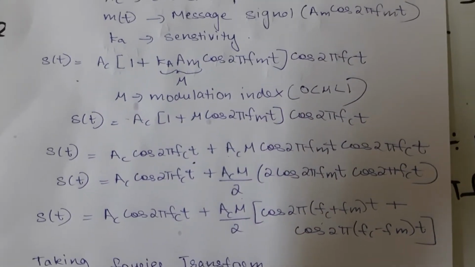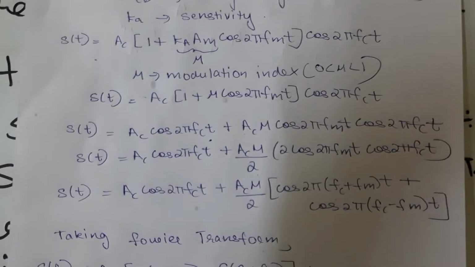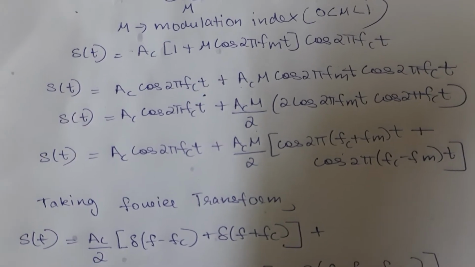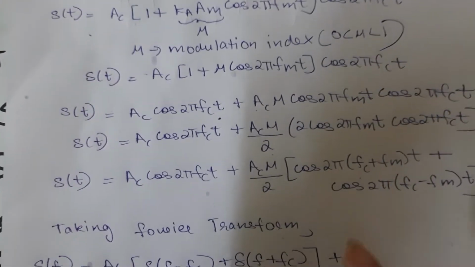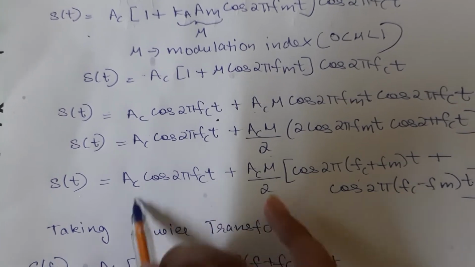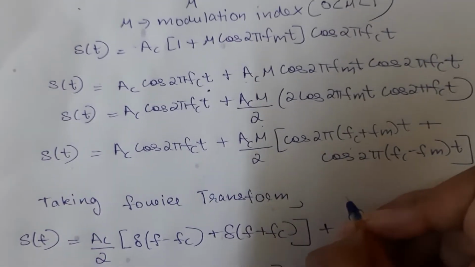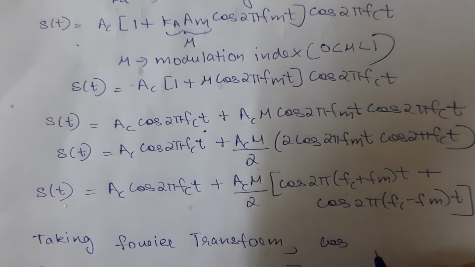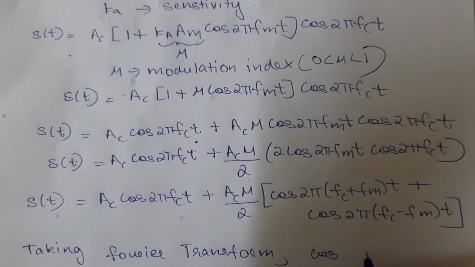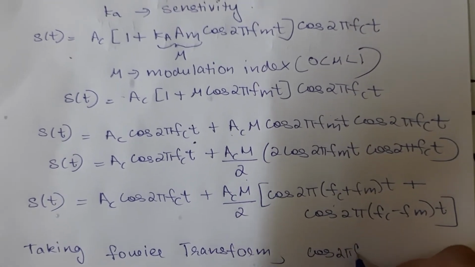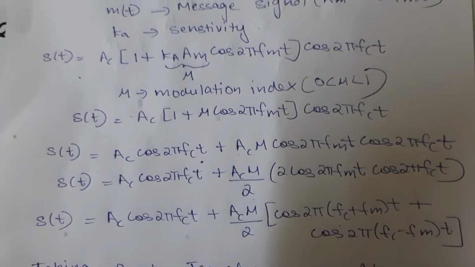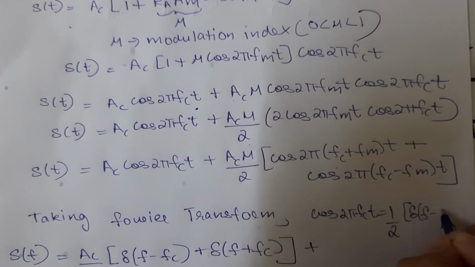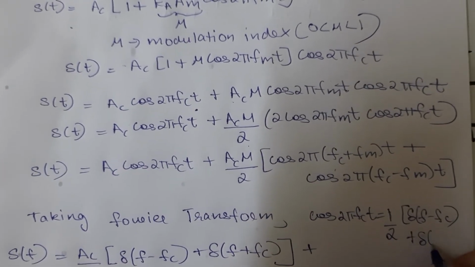Now in order to draw the spectrum, I have to convert from time domain to frequency domain. For that, let me take the Fourier transform. Now for the first part, Ac cos 2 pi fc t, we know the Fourier transform of cos 2 pi fc t is nothing but 1 by 2 delta of f minus fc plus delta of f plus fc.